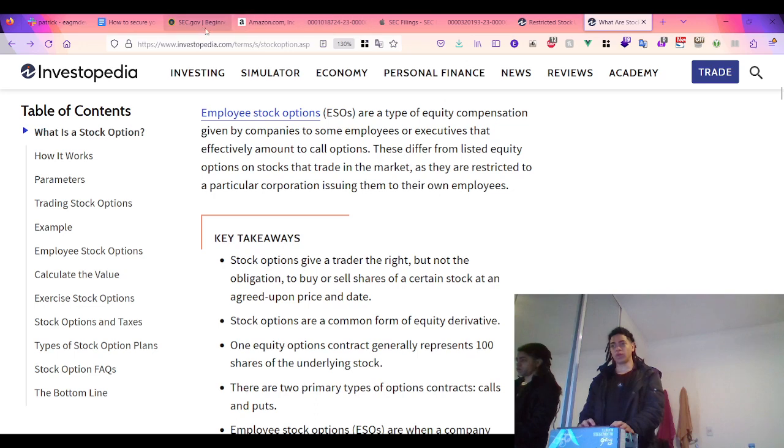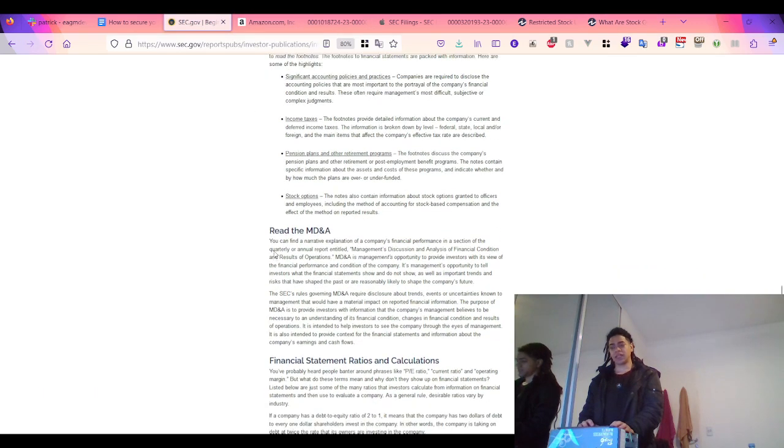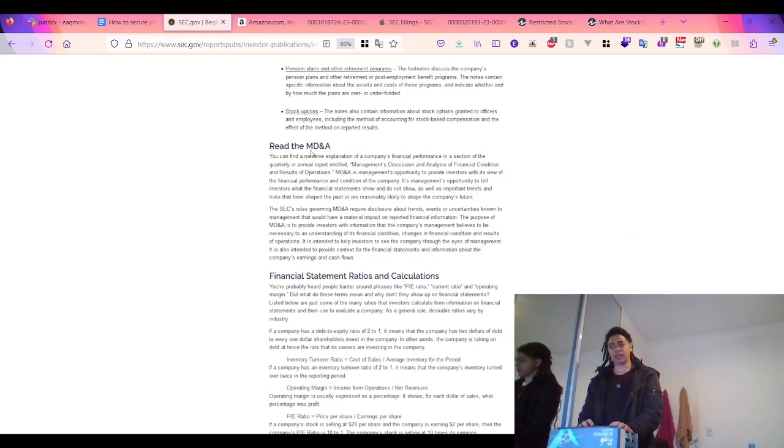So with that, then I read the MD&A, which is the management discussion and analysis of financial conditions and results of operations. That is an opportunity for the management to tell what the financial statements show and do not show.